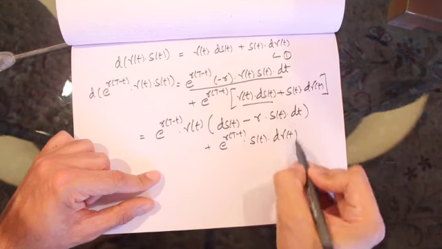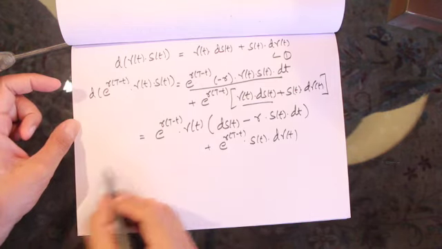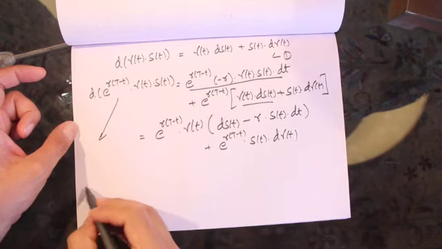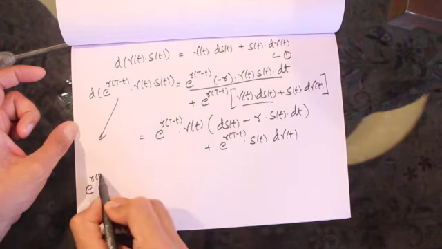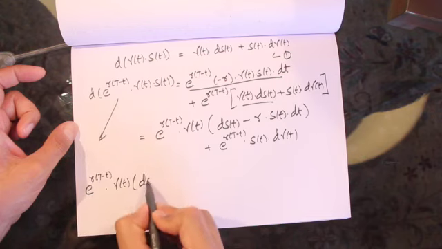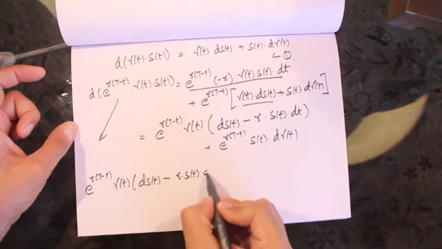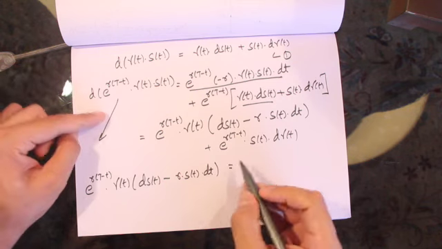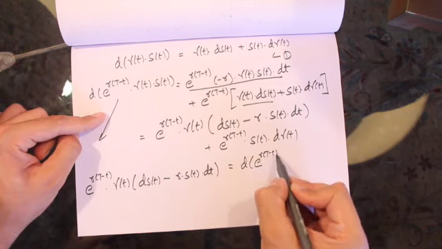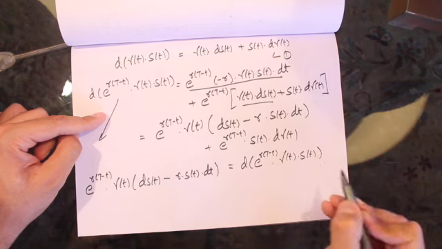d gamma of t. Okay, so now I can write this as: this is the right hand side, left hand side was this. So now I can write this as e to the power of r(T minus t) gamma of t times dS of t minus r St dt. This is equal to d of e to the power of r(T minus t) gamma t St, right?